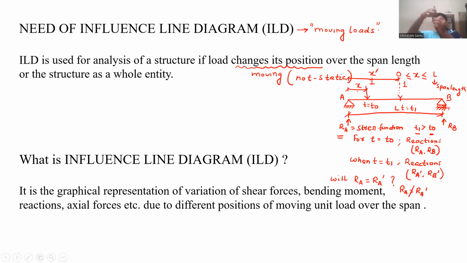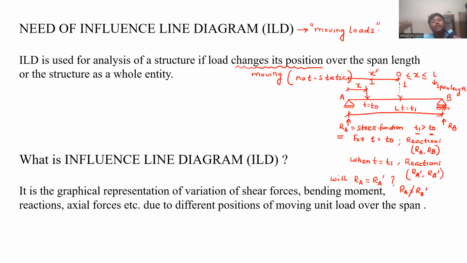So if the load is here, there will be some reaction. After some time, the load is shifted somewhere to the right, the reaction will be somewhat different. After some time, this load is again shifted somewhat right, and this reaction will again vary.